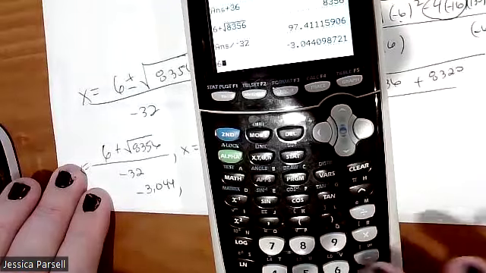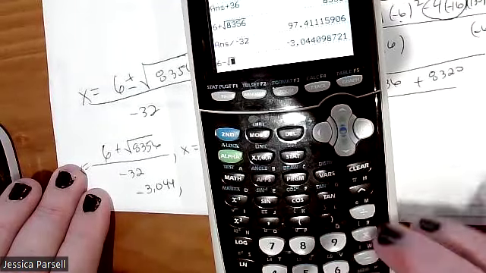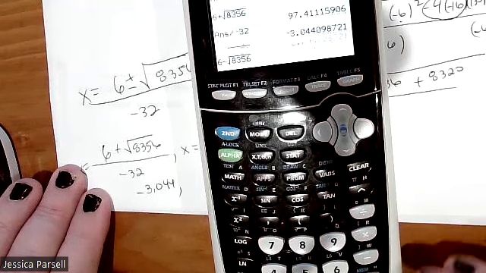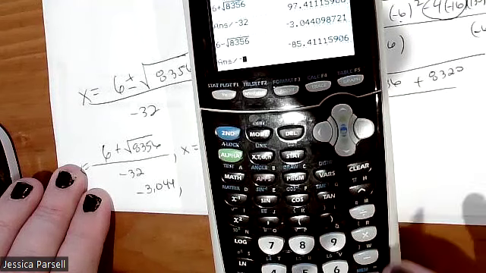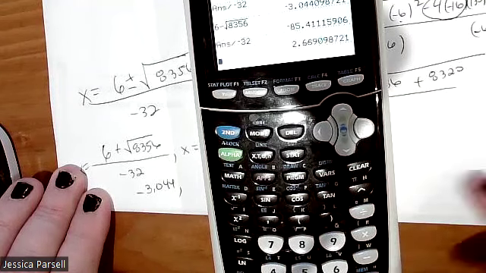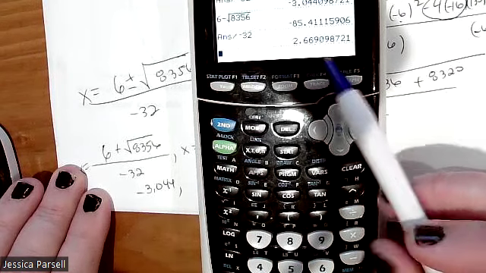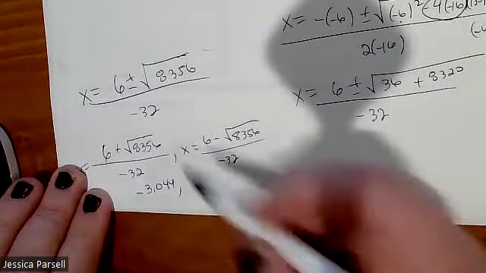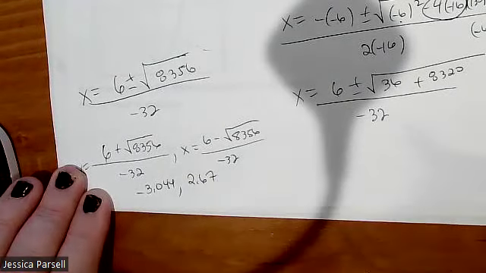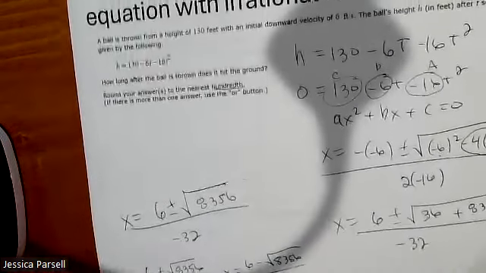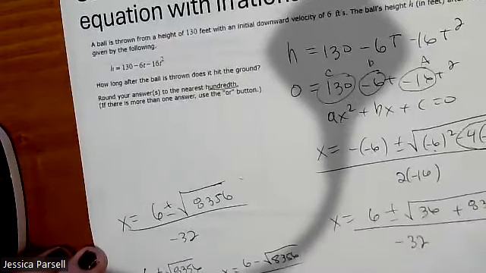Okay, I'm going to do 6 minus the square root of 8356 and divide that by -32. All right, and I'm getting positive 2.669. I'm going to call that 2.67. The question is, how long after the ball is thrown does it hit the ground?